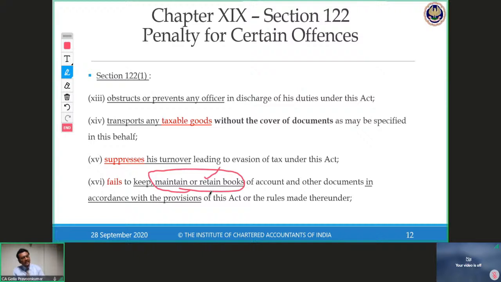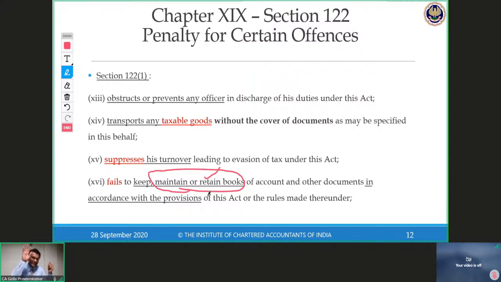So there is an earthquake, there is a natural calamity. My books of accounts are not available. I have taken utmost care to have data backup, etc. Because of the natural calamity, the entire books of accounts are not available. Can I say I have committed an offence? The answer would be that there is one last provision called compounding of offences, and in between there is one more section, 128.